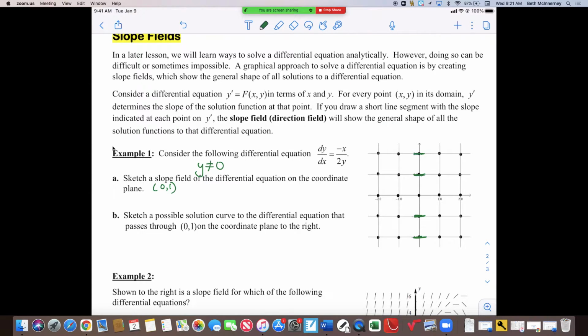All right, so then I got that whole column. Let's look at 1 comma 1. This would be negative 1 over 2. So if I go to 1 comma 1, I think about where negative 1/2 is, and that's a little bit flatter. All right, let's do 1 comma 2. That would be negative 1/4. So that's even flatter.